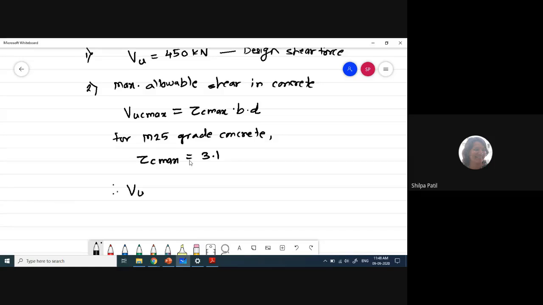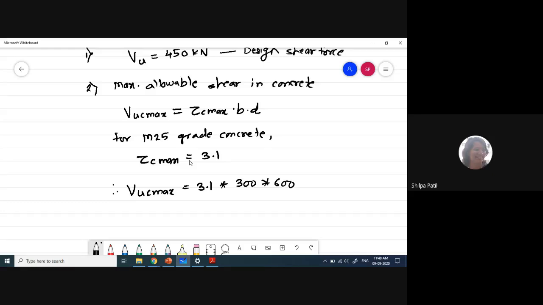So let us calculate VUC max as 3.1 into B, which is 300, am I right? Into D value, effective depth value. Tell me the value. 600.